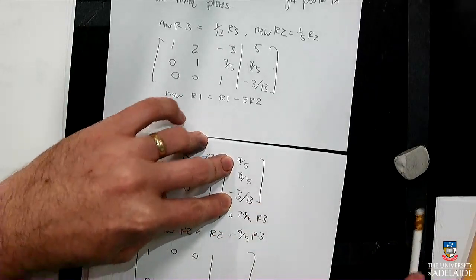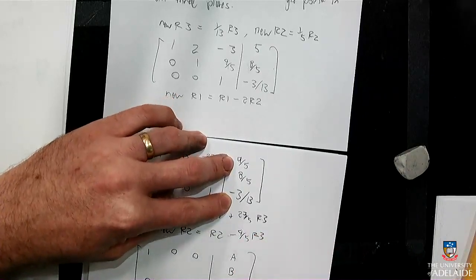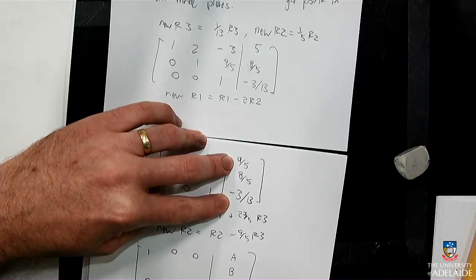Oh, wow. I'm going to call them numbers. A is going to be 9 fifths plus 23 fifths times minus 3 over 13.